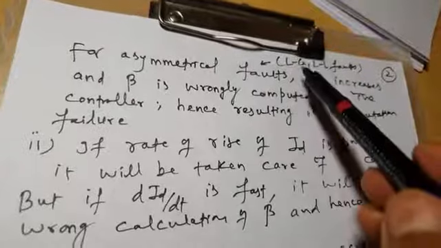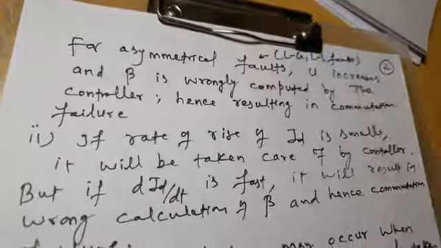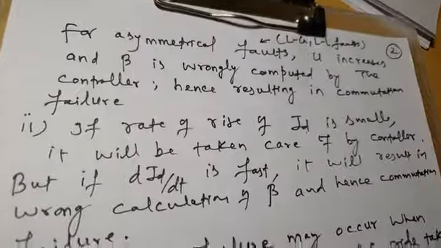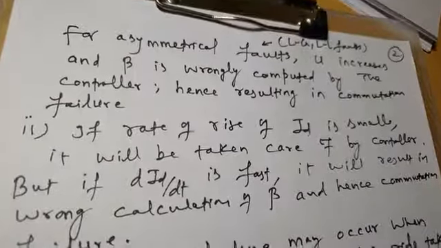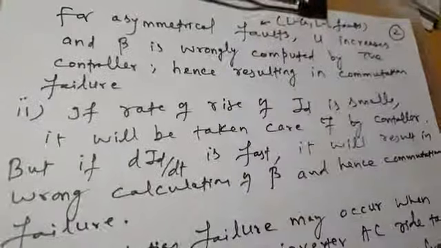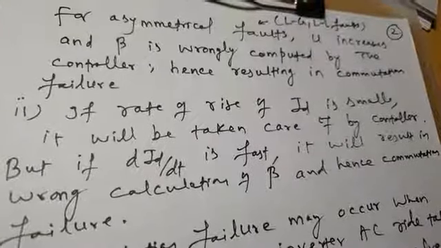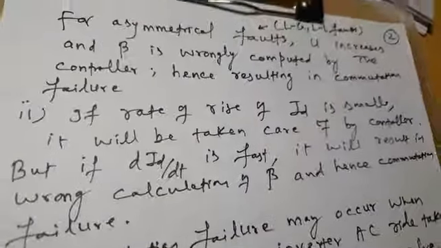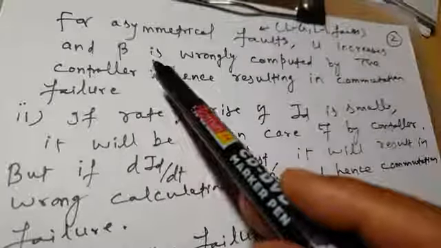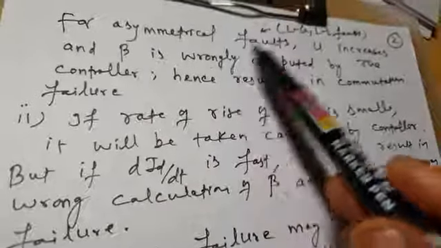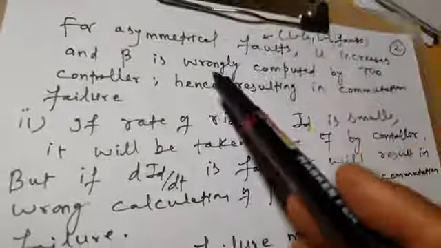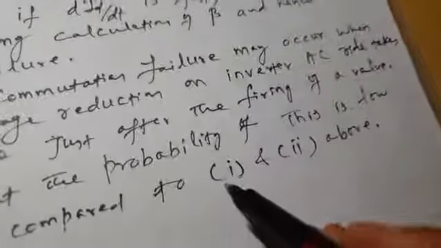1 means an asymmetrical fault has occurred, like line to ground fault or line to line fault, and because of this asymmetrical fault, the decrease in voltage in different phases is different, and the beta which is calculated by your controller is based on symmetrical fault. But since an asymmetrical fault has occurred, it may compute beta wrongly, and hence it may result in commutation failure. That is reason number 1.